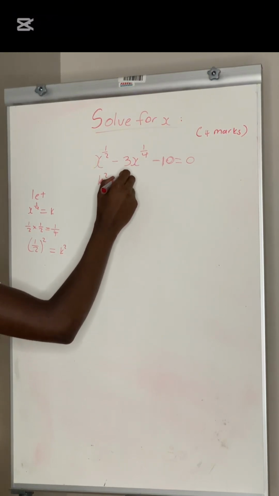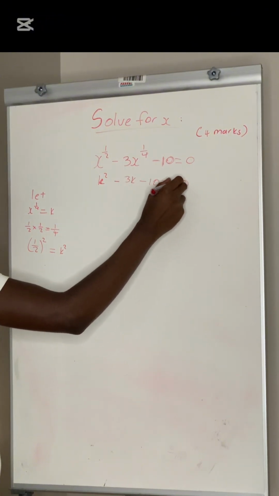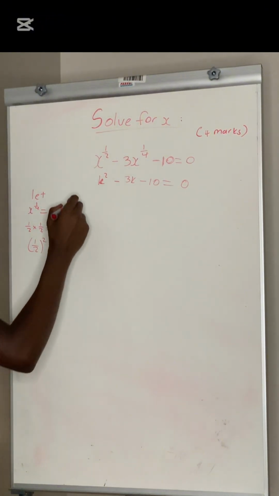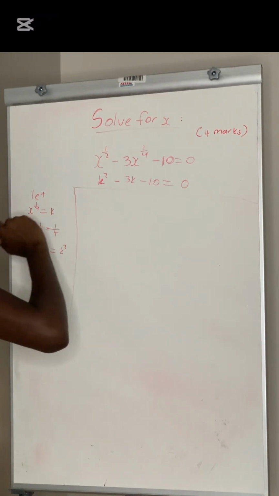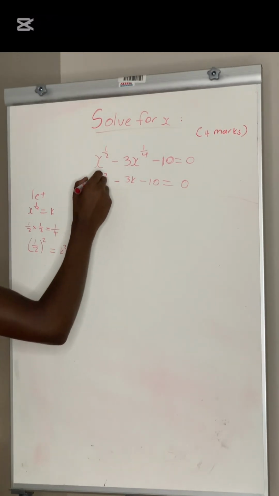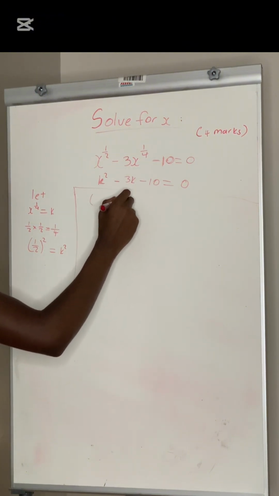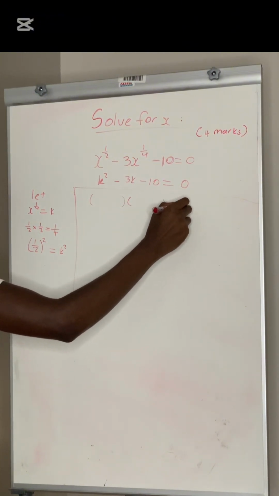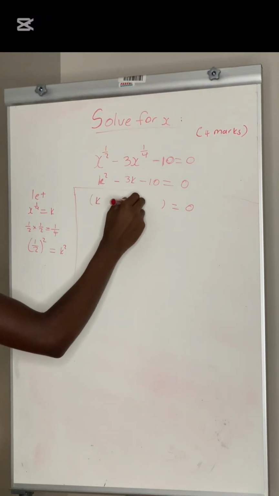minus 3k minus 10 is equal to 0. From here we can use either the quadratic formula or the normal brackets when factorizing. So the factors of 10, we're going to have k here and k here.